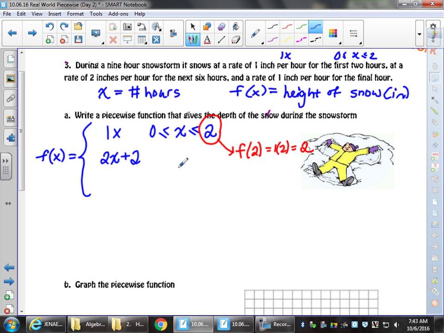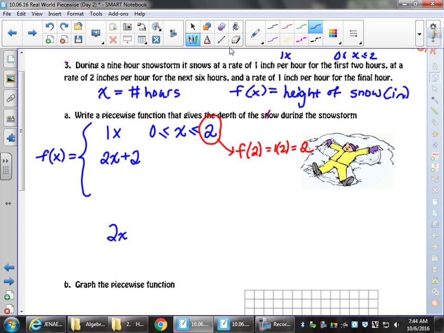So let me say it again. Here, we're good with just straight up 1x. There's no snow on the ground. But now 2 hours have gone by, and it's been snowing. So if I just say 2x, and I do not have an initial value, I'm saying there's no snow on the ground. Does that make sense? No, because it's been snowing for 2 hours.